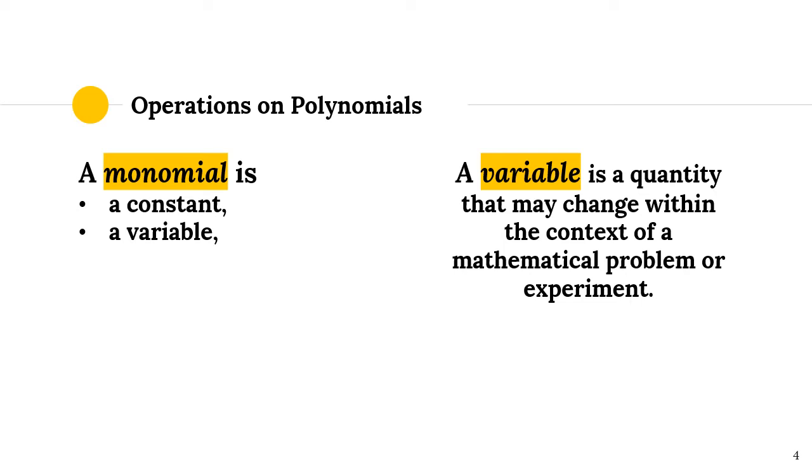It could be 40 or any other quantity, but the same variable, hence the name variable, because the quantity associated with the symbol varies, and usually the symbol that we use for a variable are letters. The most common of them, the frequently used variables or symbols for variables are x, y, and z. So an x is already a monomial, or a y or a z.